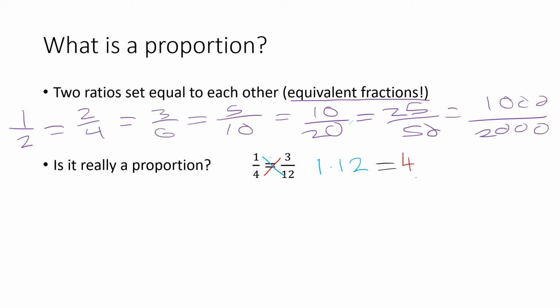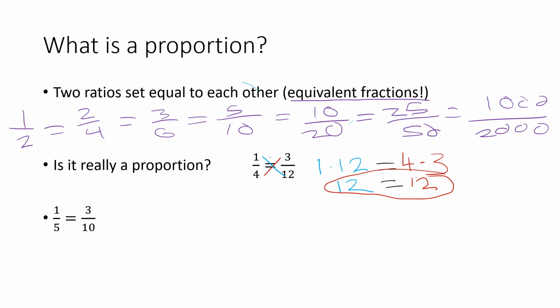Hopefully you're seeing this already. So 1 times 12 equals 12. And then 4 times 3 also equals 12. So yes, this is a proportion. 1/4 and 3/12 are equal to each other.